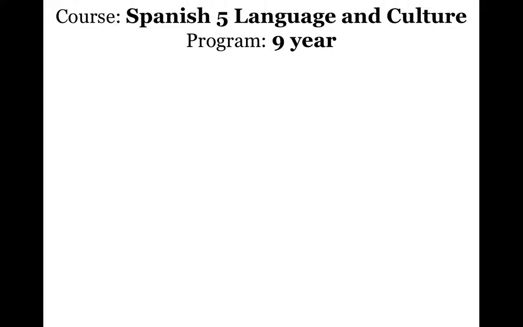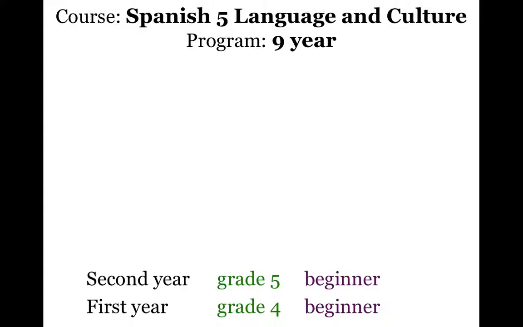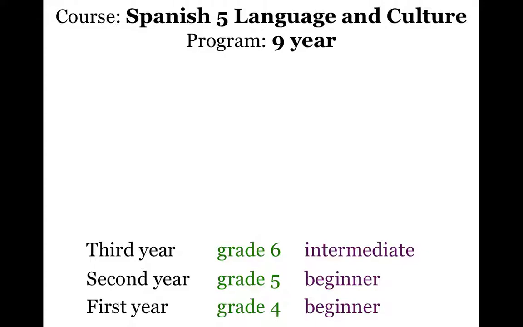I do get that question a lot: what does 9Y stand for? It literally means 9 years, which means that it takes 9 years to complete this course. So we start in grade 4. That is the first year. You are right here. Second year, which is grade 5, is still relatively beginner. We're moving towards the intermediate.